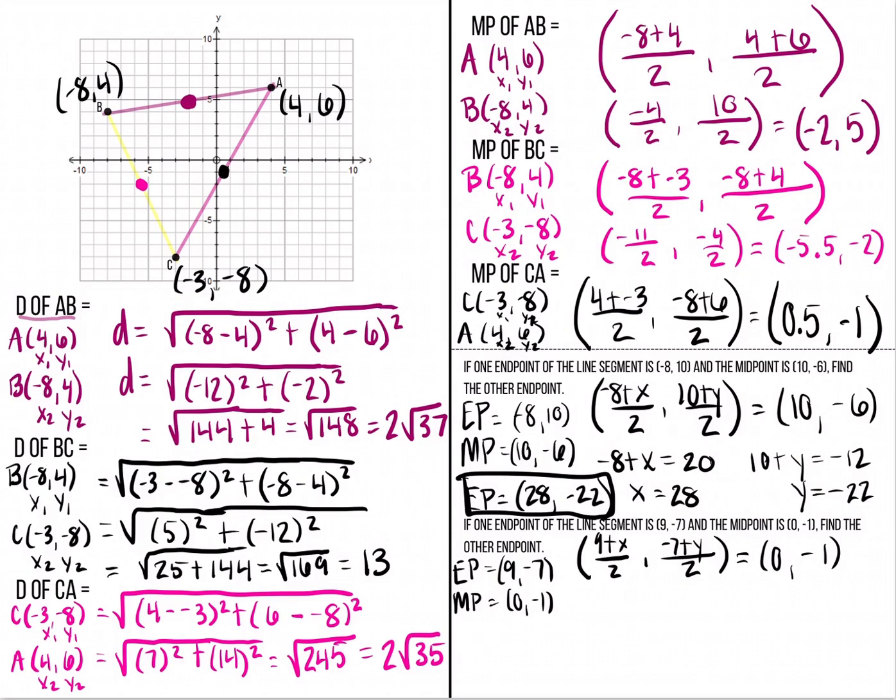So now I'm going to set up those equations. So 9 plus x divided by 2 equals 0, and -7 plus y divided by 2 equals -1. So 9 plus x equals 0, so x equals -9. Then -7 plus y equals -2, so y equals 5. So the other endpoint is (-9, 5).